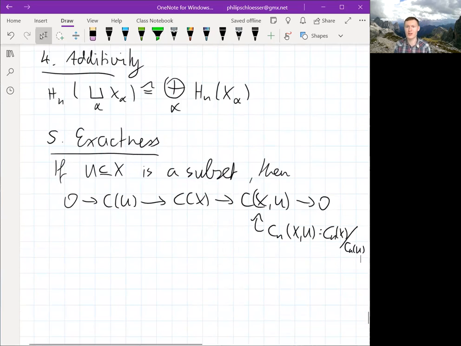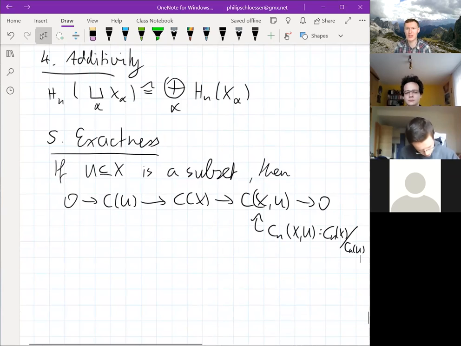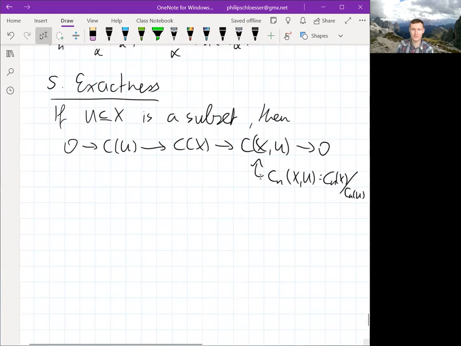This is what I've mentioned earlier, relative homology, where you ignore all of the simplices that lie in U. The sequence is exact.